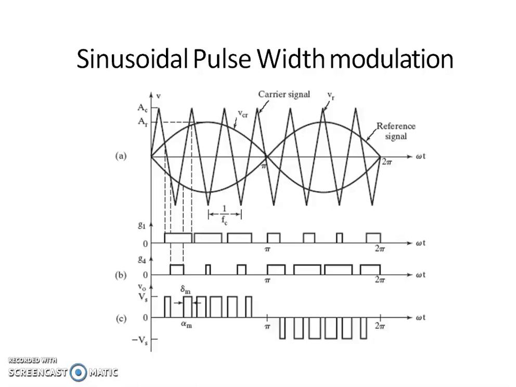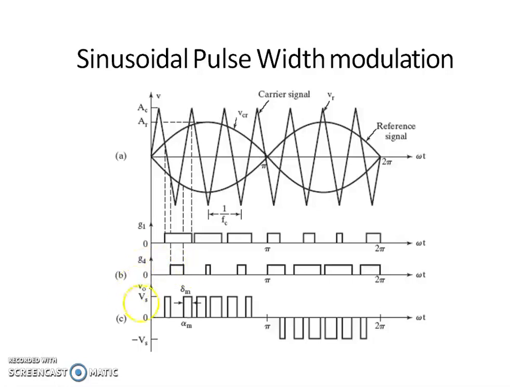Comparing the bidirectional carrier signal VCR with the two sinusoidal reference signals VR and minus VR produces gating signals for thyristors T1, T2, T3, and T4.